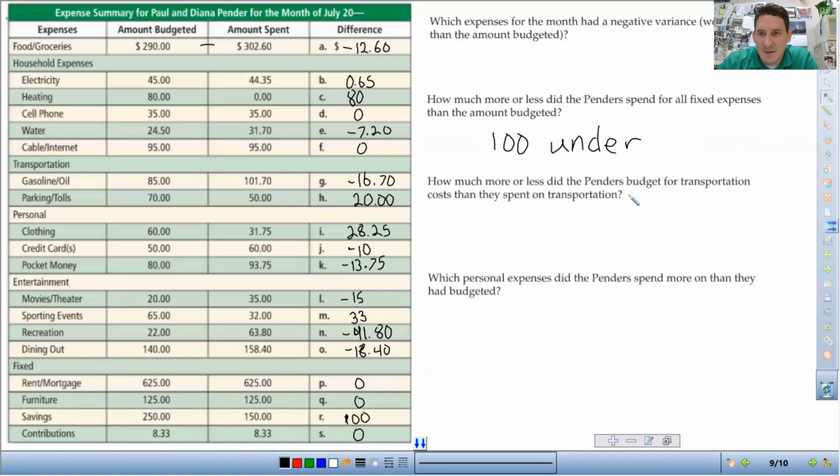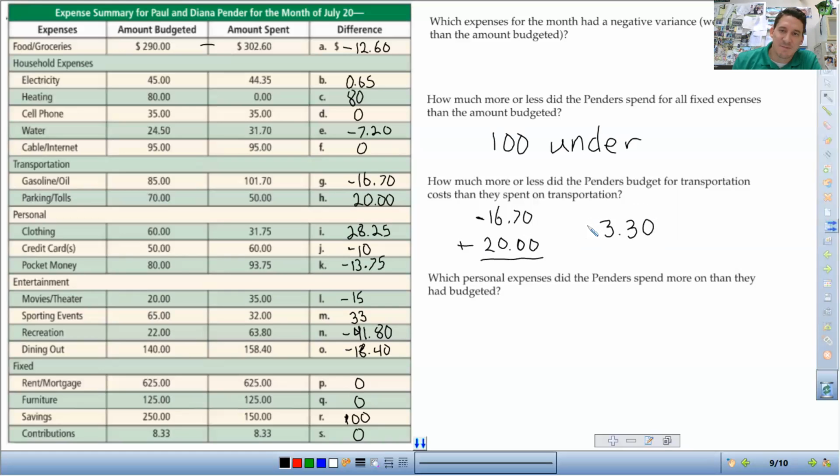How much more or less than the Benders budgeted for transportation costs did they spend on transportation? Go to transportation. You want to add those two costs together, so negative $16.70 and then $20. Add those expenses together, and that's going to come out to be a positive $3.30.